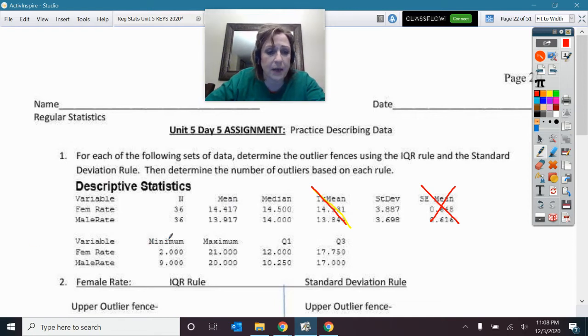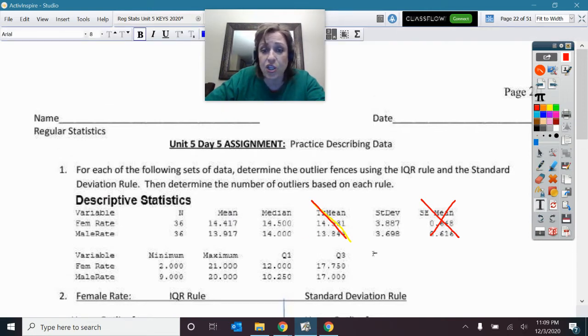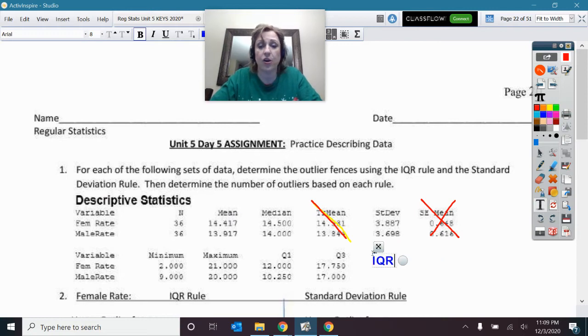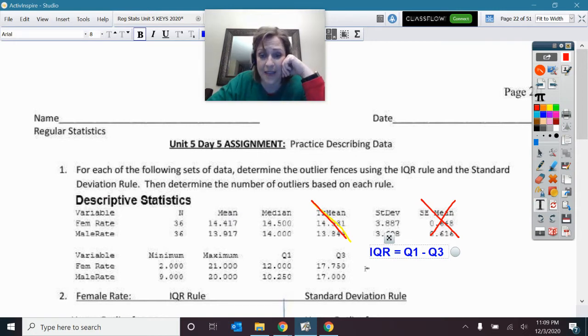Now look here, here's your minimum. So you have the minimum for the male and the female, the maximum for the male and the female, the Q1 and the Q3. This Q1 and Q3 is going to be needed to get the IQR, because you're going to need to compute that.